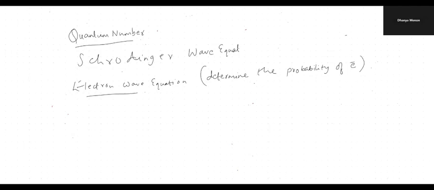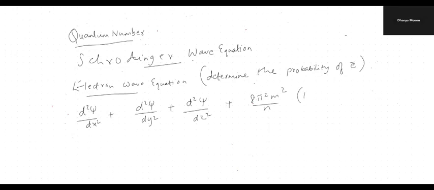So this is just to give an introduction to quantum numbers. The Schrödinger wave equation goes like this: d square psi by dx square plus d square psi by dy square plus d square psi by dz square plus 8 pi square m by h square into E minus V psi equal to 0.